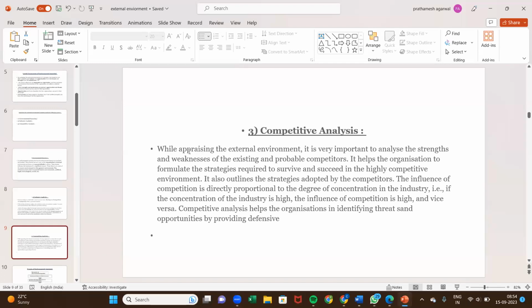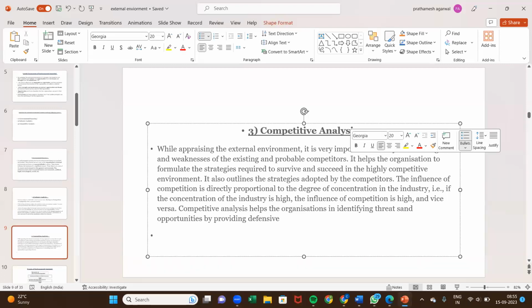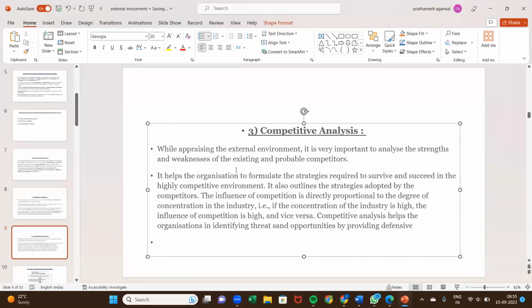Then we have competitive analysis. While appraising the external environment, it is very important again to analyze the strengths and weaknesses of the existing and probable competitors. We are studying the strengths and weaknesses of our organization also, as well as our competitors.